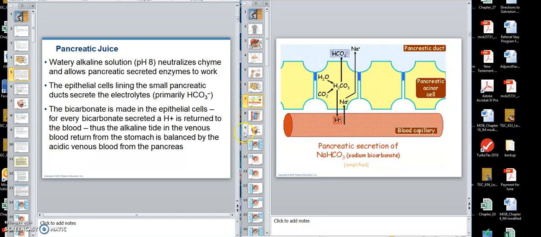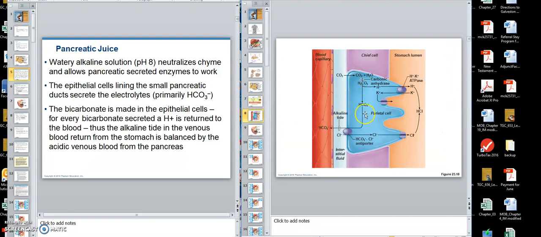Now, do you remember the alkaline tide we talked about coming from the parietal cells? Remember we said if there was quite a bit of amino acids, protein, then you'd make a lot of bicarb, and that blood draining from the stomach is heavily alkaline, alkaline tide.